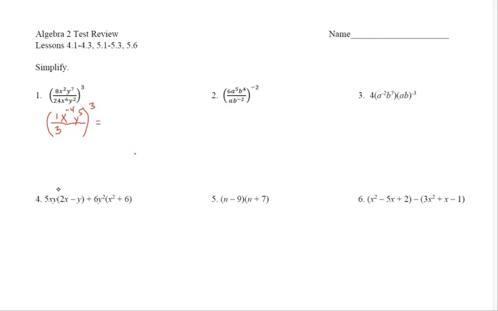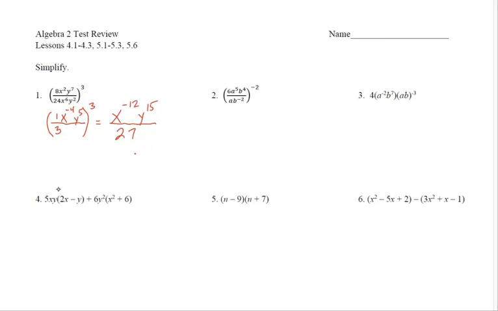Okay, so 1 to the third is still 1. X to the -4 raised to the third is x to the -12. Y would be to the +15. And then down here in the denominator, 3 would be raised to the third, and that's 27.